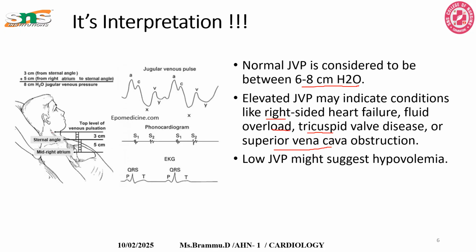And in certain cases the JVP may go to the lowest point, such as hypovolemia, shock, or Addison's disease. Here in this picture you can see it measured 3 centimeters from the sternal angle and 5 centimeters from the mid-atrium, and you can also cross-check with the PQRS complexes and the venous pressure waves.